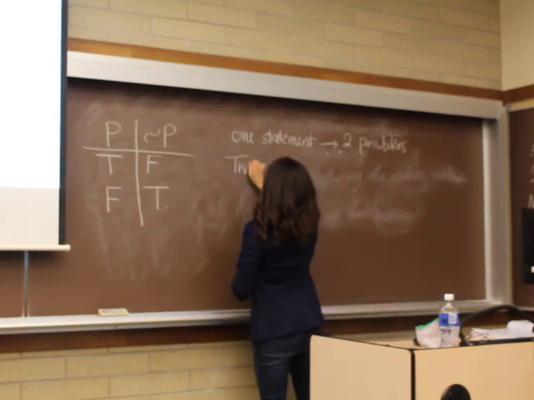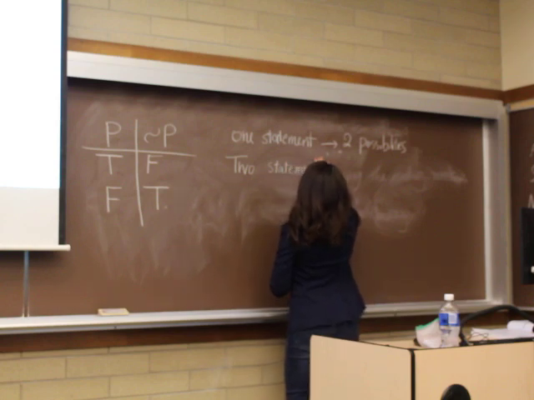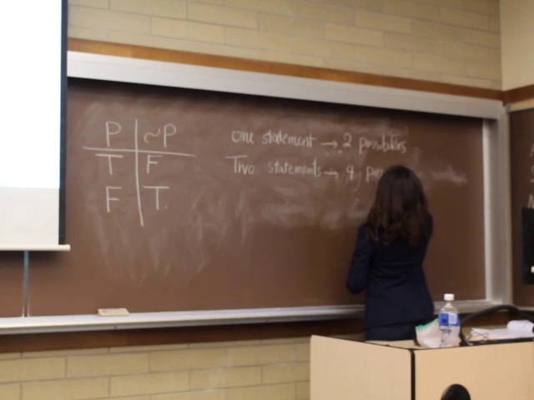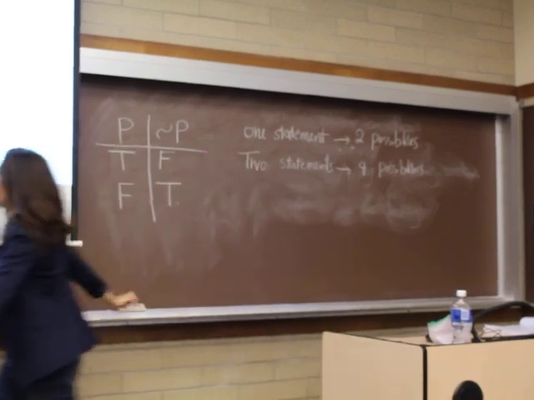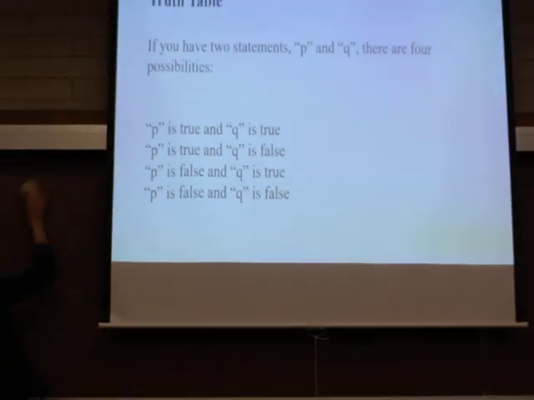If I have 2 statements, I have 4 possibilities. Why? Let's see. So, let's say I have P and Q. 2 statements. Okay?